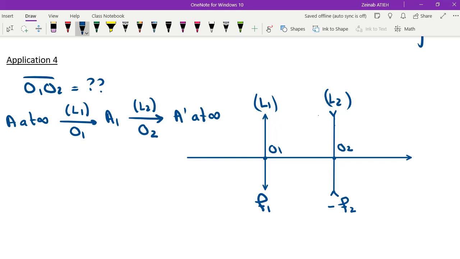I can find the distance O1 O2. This will be the plan.